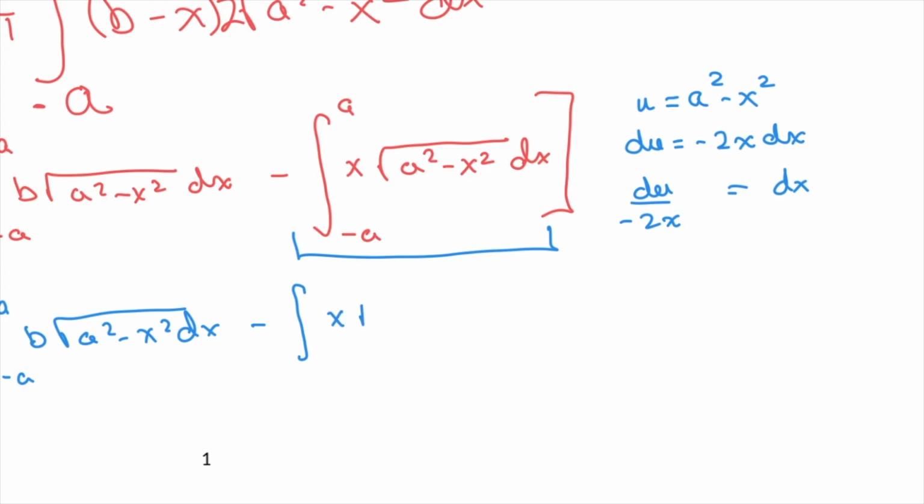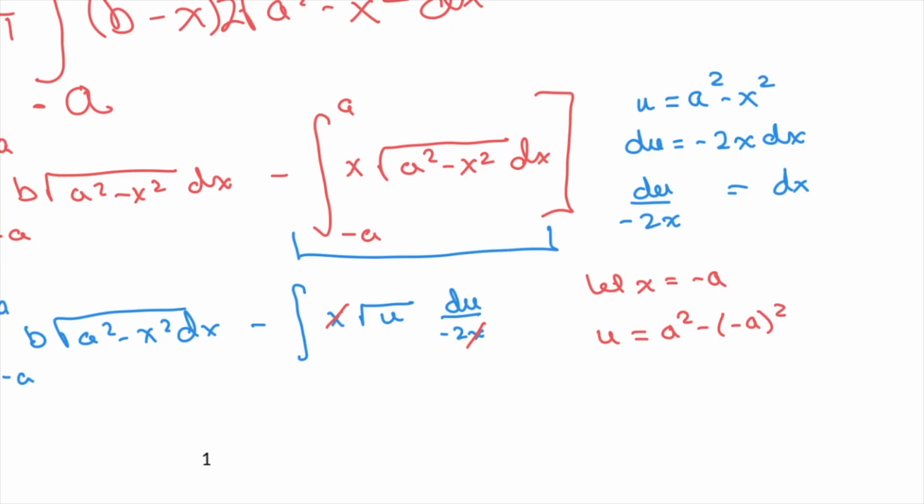So we'll have x square root of u. dx is replaced with du over negative 2x. Now, as you can see, the x's will cancel. Isn't that convenient? All right, now let's deal with our endpoints. If we let x equal negative a, we know that u is equal to a squared minus x squared. So substitute in.